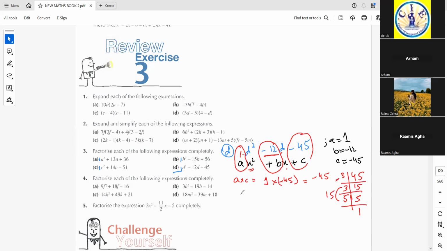So we can simplify them like D square would be the same, negative 45 would be the same, and negative 12. We can achieve this negative 12.